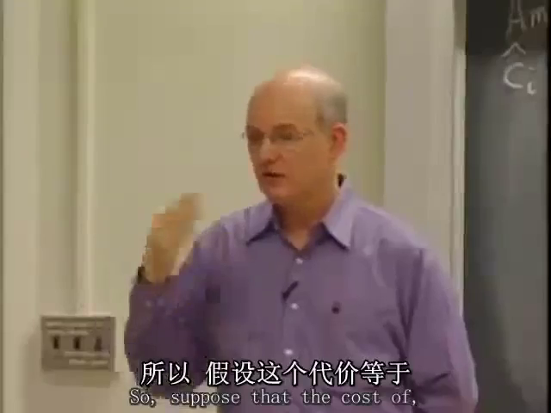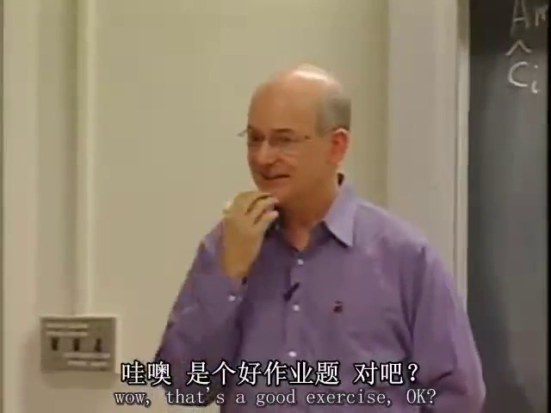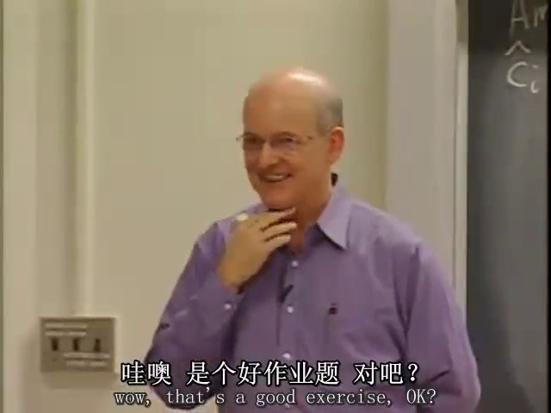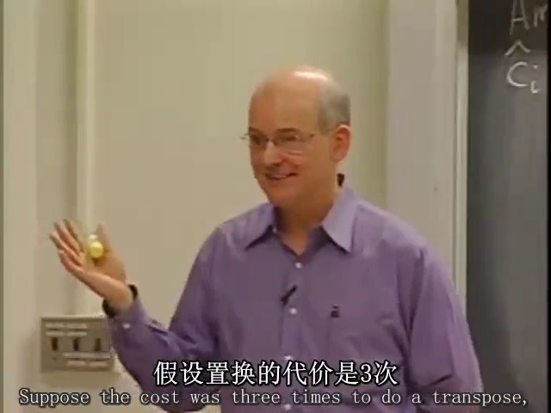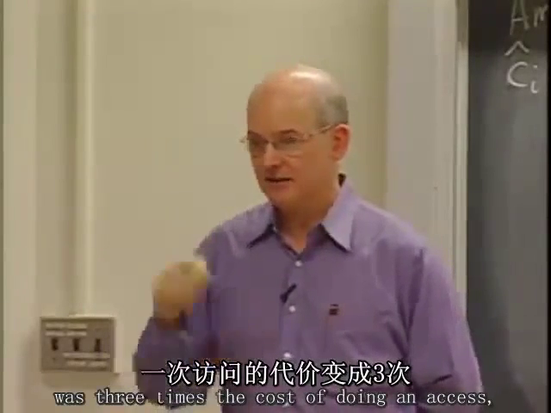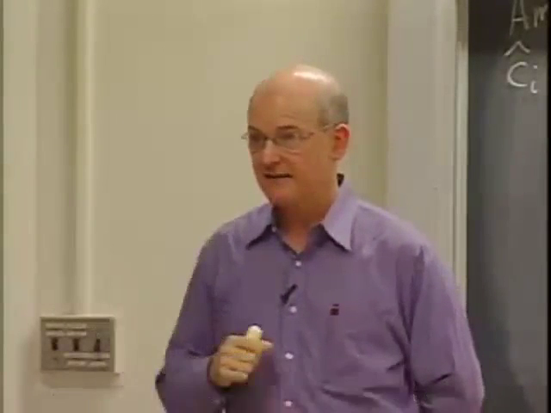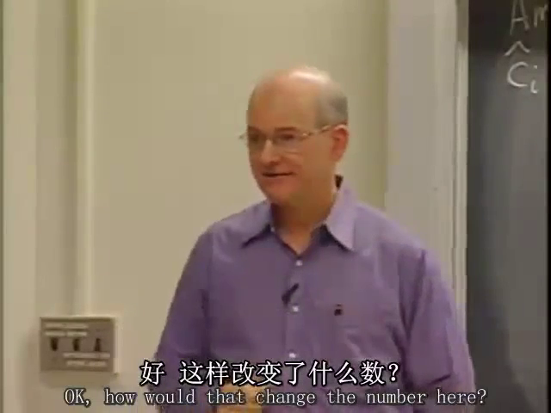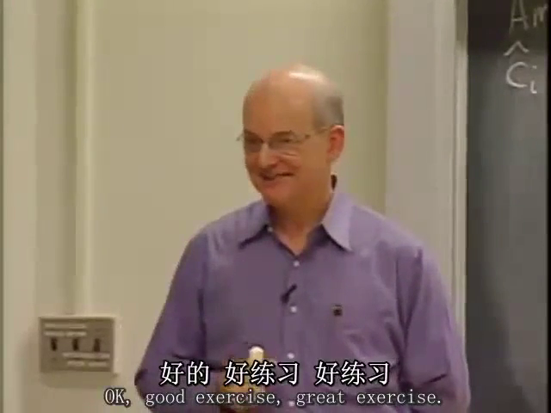Suppose the cost of a transpose was 3 times the cost of doing an access, following a pointer. How would that change the number here? Great exercise.